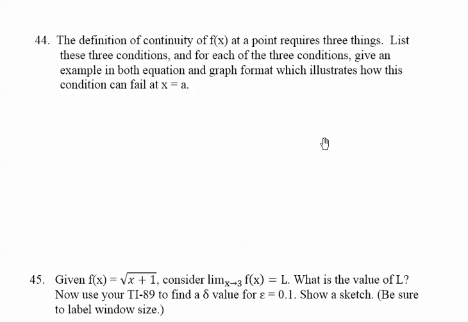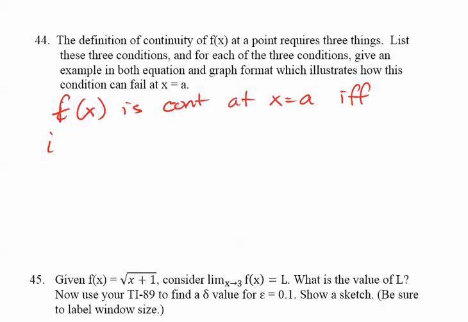The definition of continuity at a point requires 3 things. List the conditions, and then let's give an example where it could fail. The first thing that has to be true, so we could be more formal here and say f of x is continuous at x equals a, if and only if, the first thing required is that f of a is defined, or f of a exists.